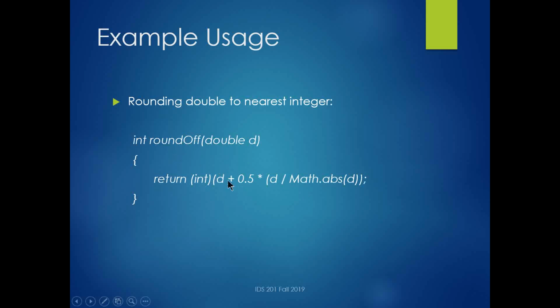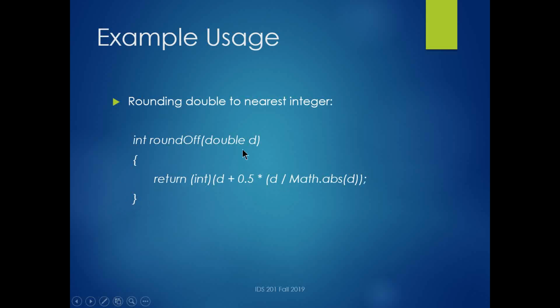Whatever d is, we add 0.5 times d divided by its own absolute value. So if d is positive, we're going to add 0.5. Suppose the number is 6.5. d is 6.5. We add 0.5 times d divided by itself, or just 0.5. So it becomes 6.5 plus 0.5 equals 7, and it returns 7.